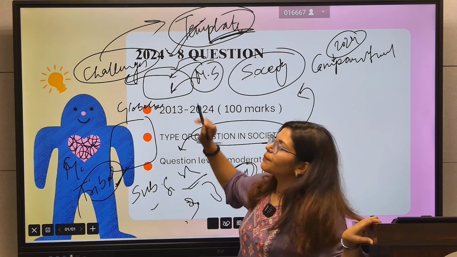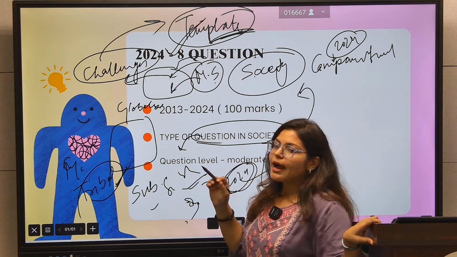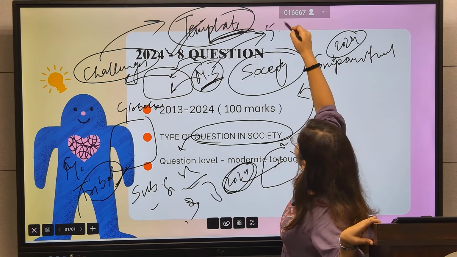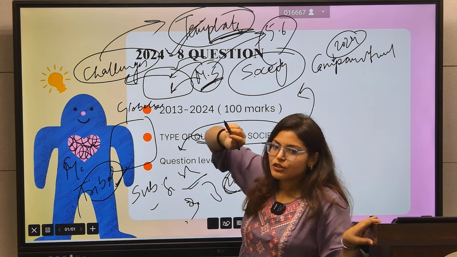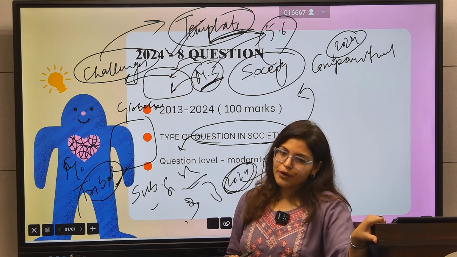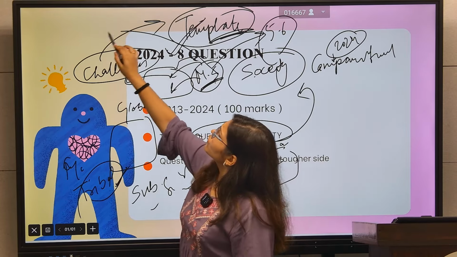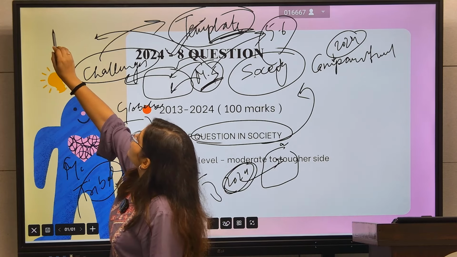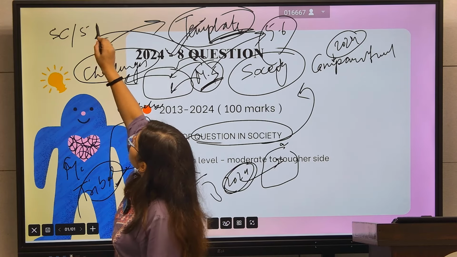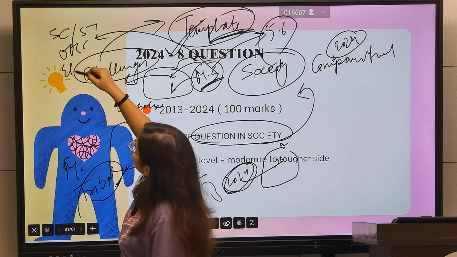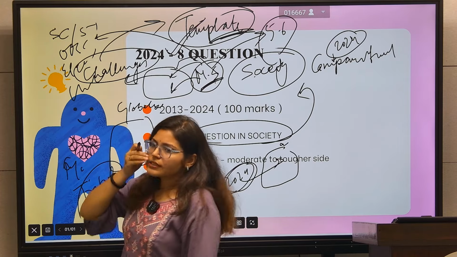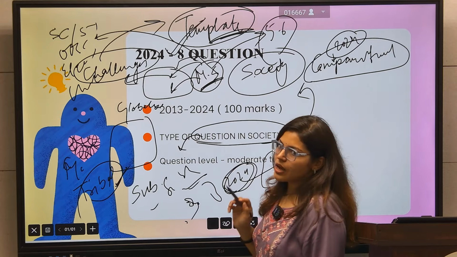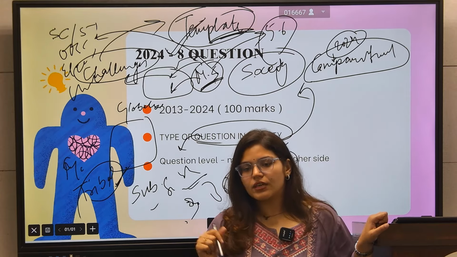For you, this is comparatively doable because you have 5 to 6 dimensions, so you can easily generate points. Everyone knows who the marginalized sections are: women, SC, ST, OBC, elderly, children. So it is easy for you to do this type of question that was asked in UPSC 2024.